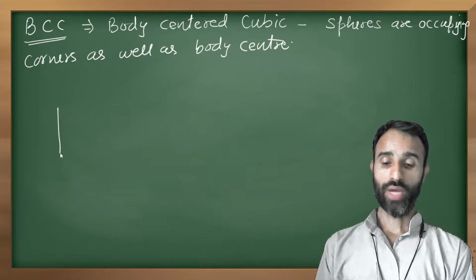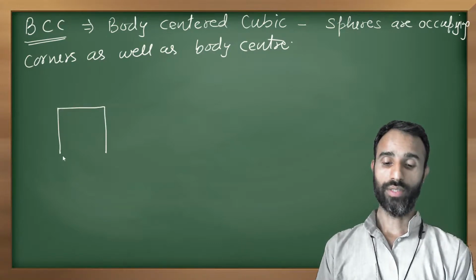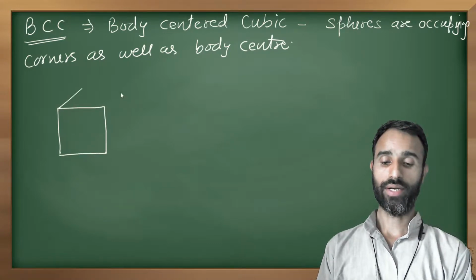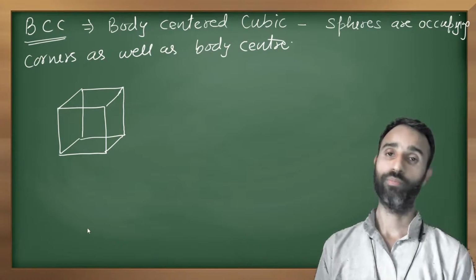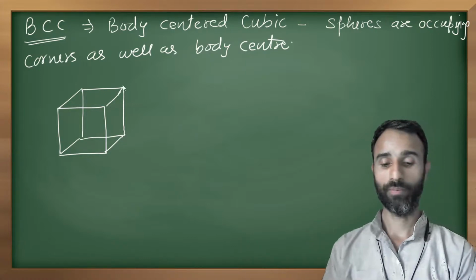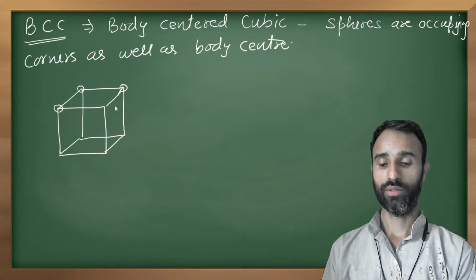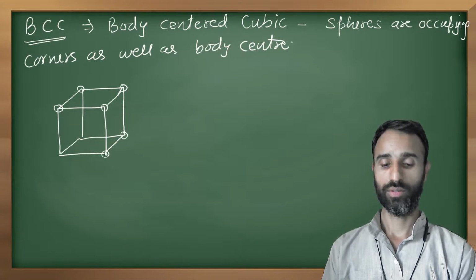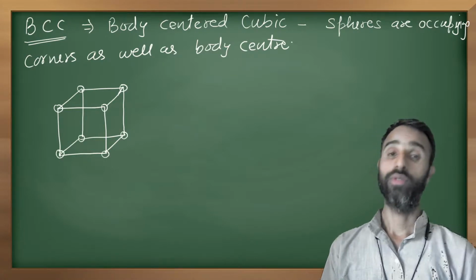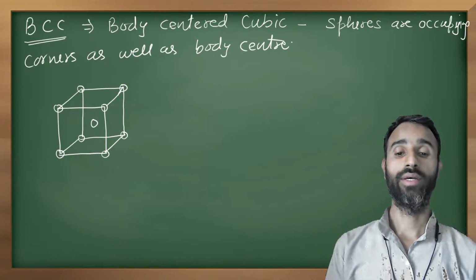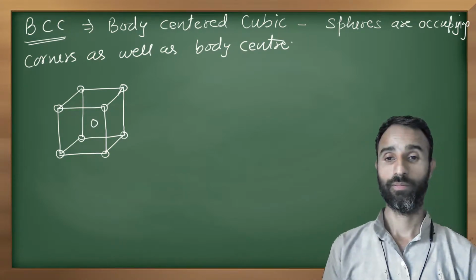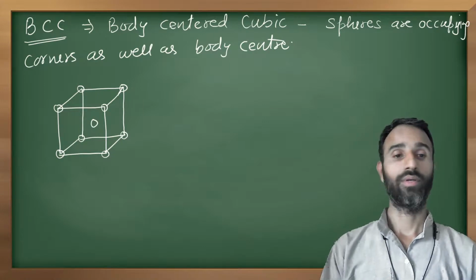Means in addition to the atoms at the corner, there is one atom at the center of the body, sorry, center of the cube. There is only one center, you know. So corners and one atom is at the body center.